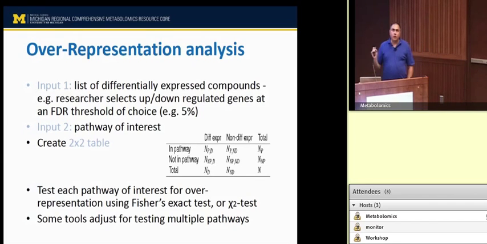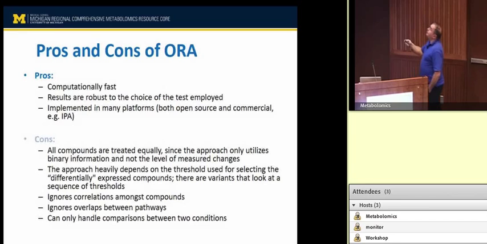So that means that, as long as you have a reasonable choice there, you can carry out the procedure. It's implemented in many platforms. All open source tools essentially have it, and also commercial ones. For example, Ingenuity Pathway Analysis, that's exactly what they use.